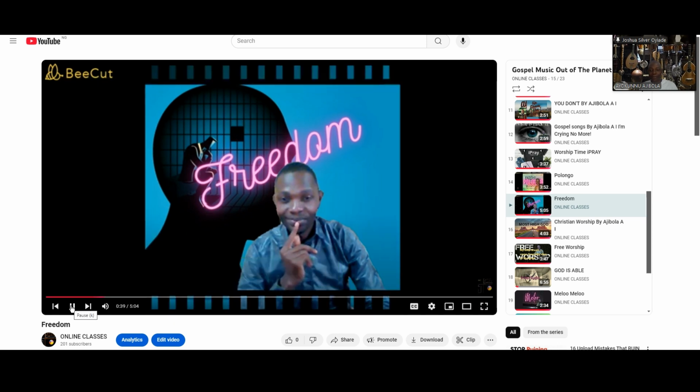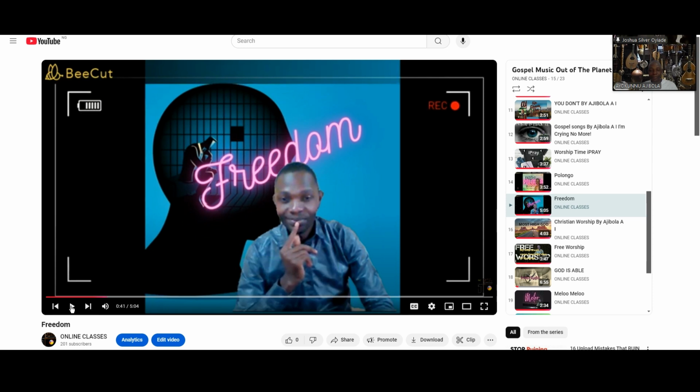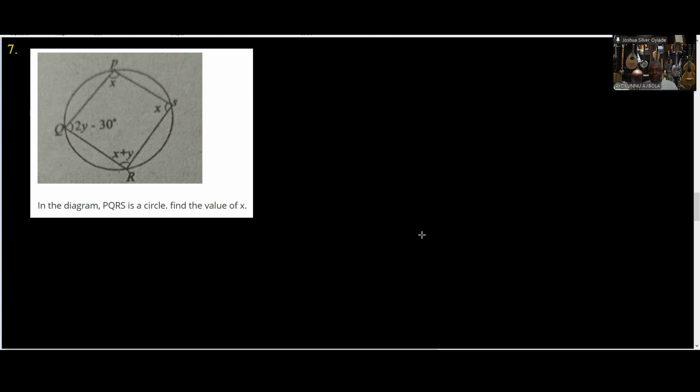Okay. Look from the diagram. So I'm looking for the value of x. Opposite angles of a cyclic quadrilateral will add up to 180.